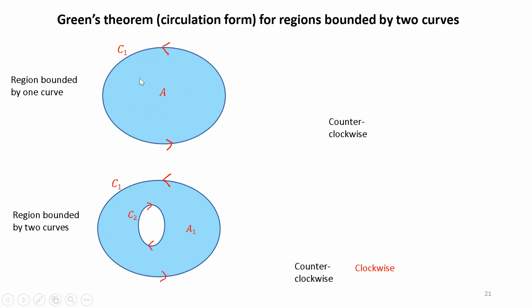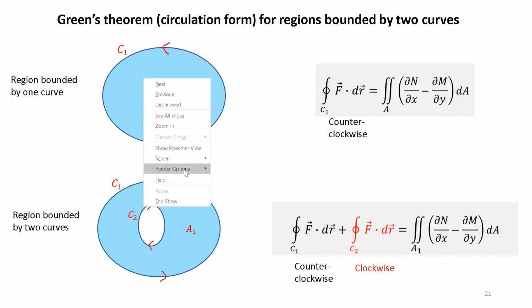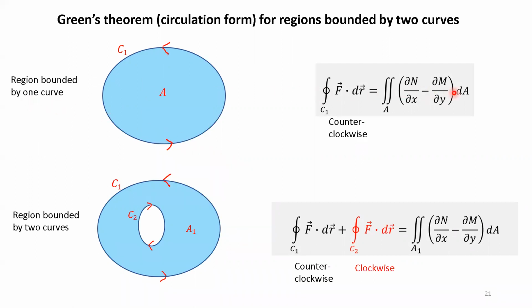But we have been just considering this region without any holes in it. This first upper part of this line is what we have been considering: a curve bounding this region, the region bounded by this curve.